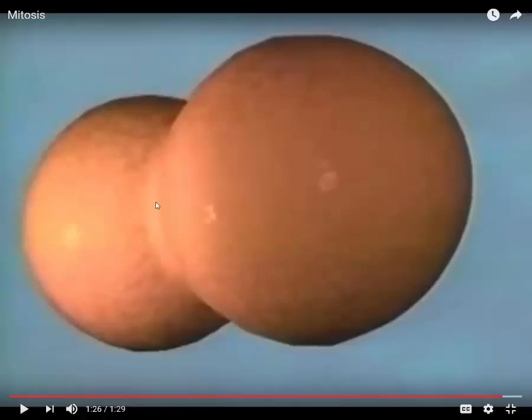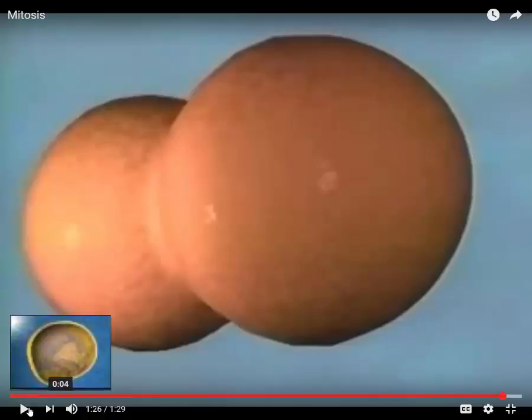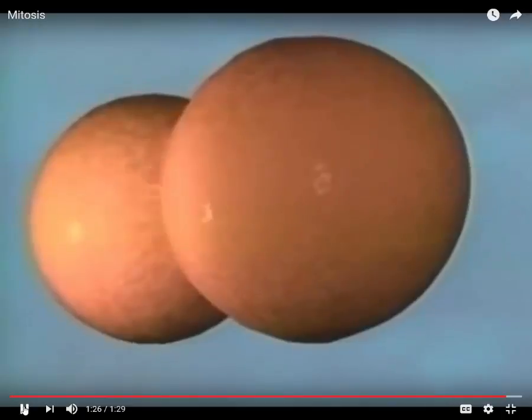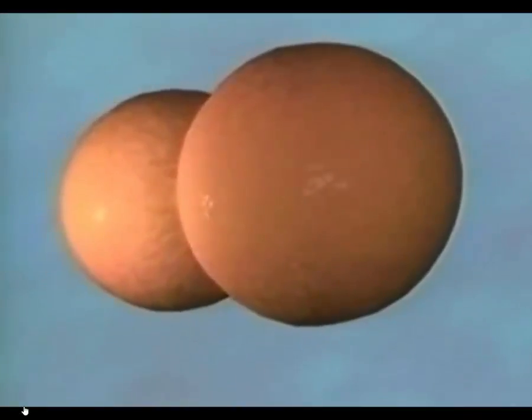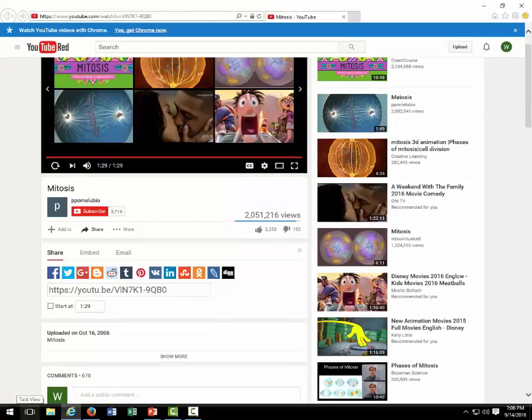And then you'll see the dark chromosomes on either side of the cell. And this process of the cytoplasm pinching inward is called cytokinesis. That's another term that you should be aware of. So the pinching in of the cytoplasm is called cytokinesis. So we have 2 new cells.